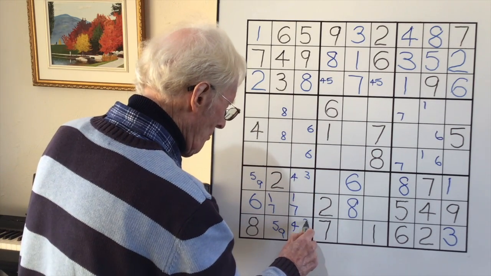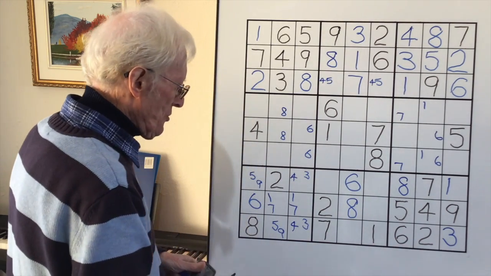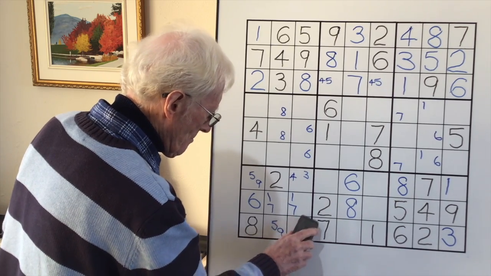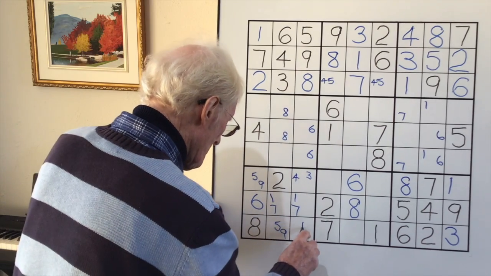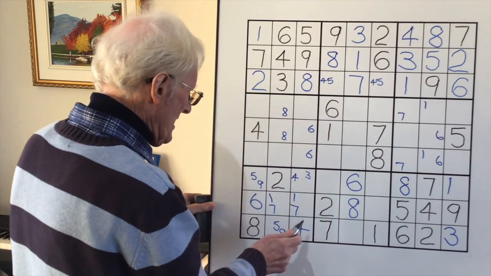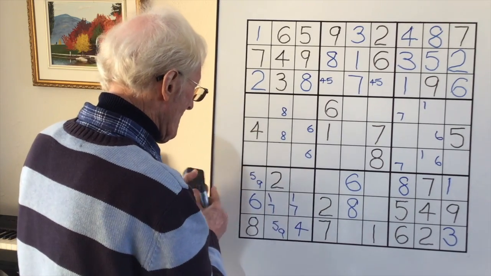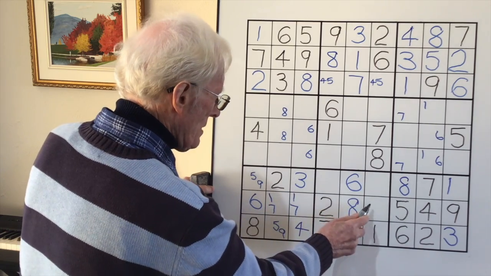This is a 3-4. But now let's look around and see what this 3 can do. That 3 means that this 3 goes, and this becomes a 4. If that's a 4, this becomes a 3. If that's a 3, then we have a top, middle, and a bottom.